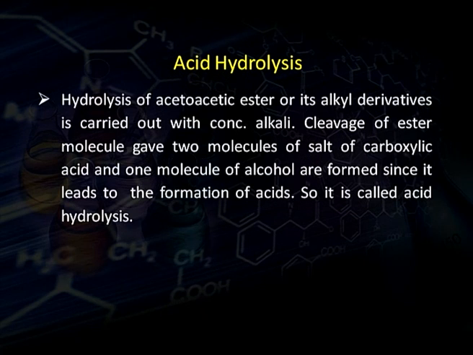Acid hydrolysis. Hydrolysis of acetoacetic ester or its alkyl derivatives is carried out with concentrated alkali. Cleavage of the ester molecule gives 2 molecules of the salt of a carboxylic acid and 1 molecule of alcohol.